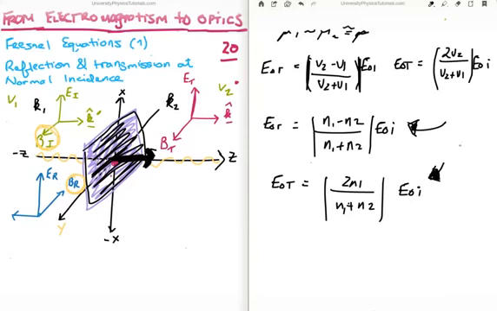So you can see here immediately we have our reflection coefficients already. So these would be normally known as our reflection coefficients, and this would be our transmission coefficient.